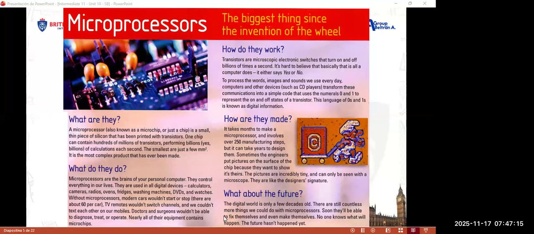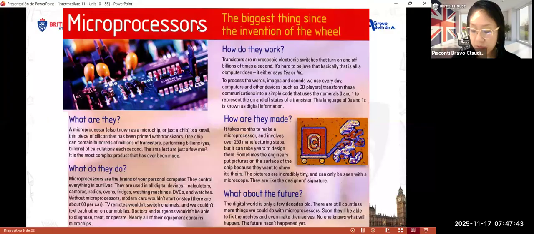Computers and other devices such as CD players transform this communication into a simple code that uses the numerals 0 and 1 to represent the on and off state of a transistor. This language of zeros and ones is known as digital information. Yes, well done, Diana. Thank you.